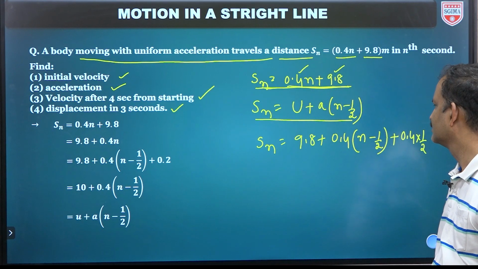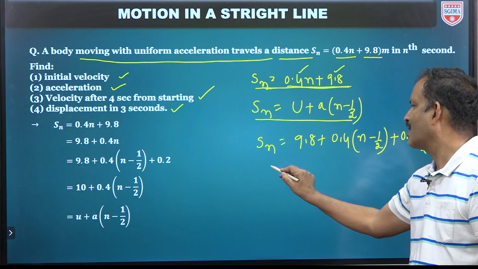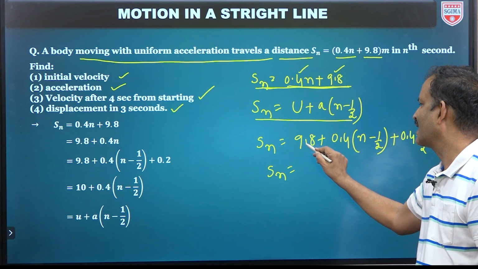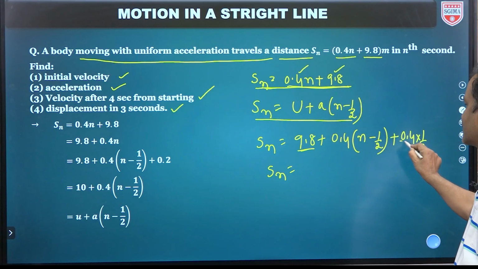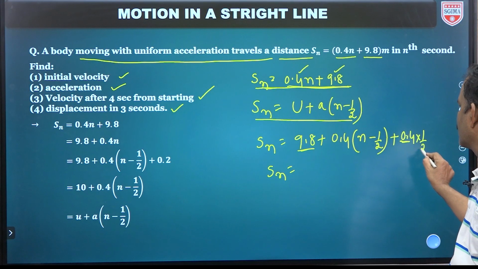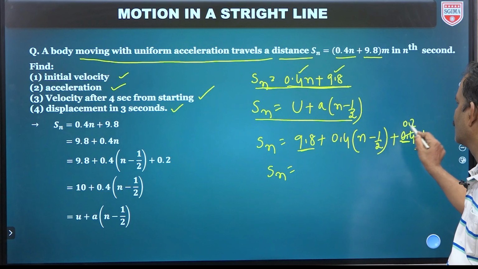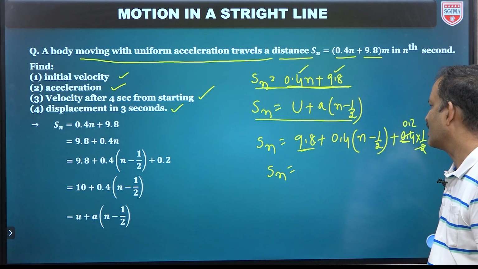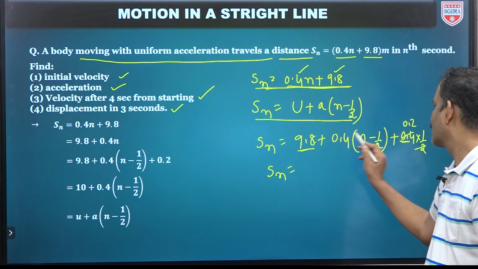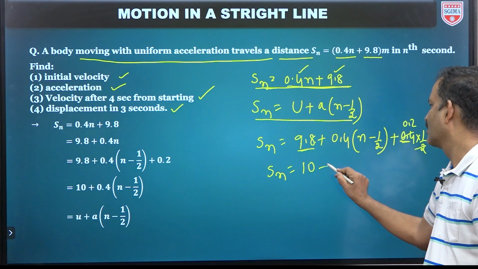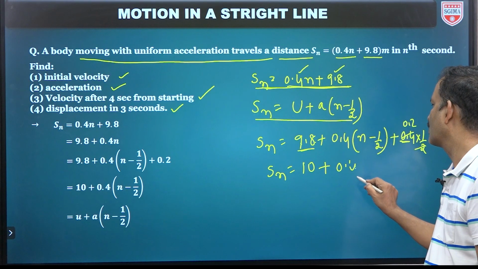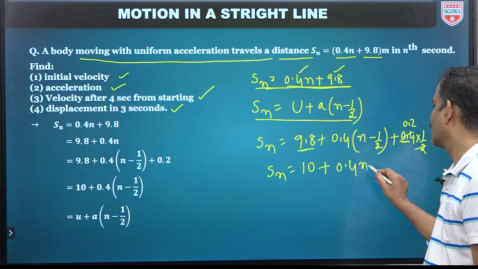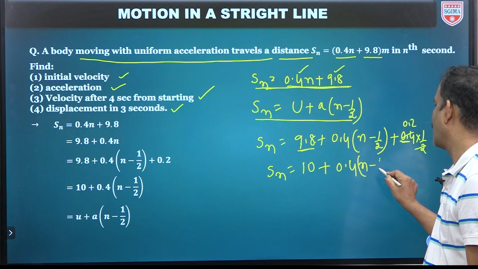Now 9.8 plus 0.4 by 2, this is 0.2, so 9.8 plus 0.2 is 10. So Sn equals 10 plus 0.4 (n minus half).